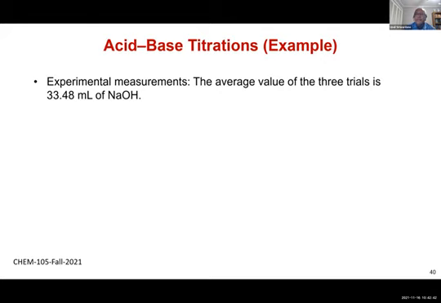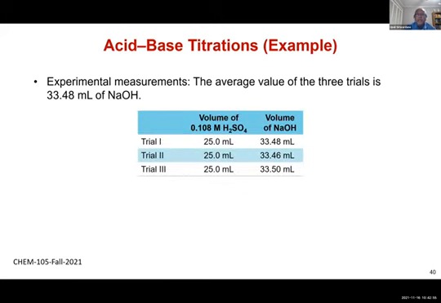This is the average value of 3 trials when you use 25 milliliters of sulfuric acid. You can see trial 1, we start with the same amount of sulfuric acid, and there's an experimental uncertainty.